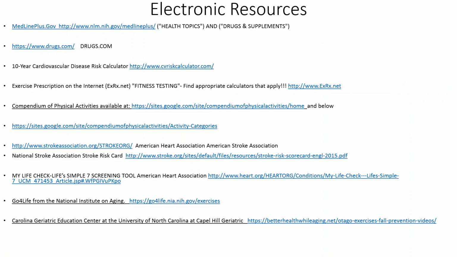Okay, so at this point, I have some electronic resources here for you that I think belong in every clinician's toolbox. MedlinePlus.gov is funded through the National Institutes of Health, the National Library of Medicine.